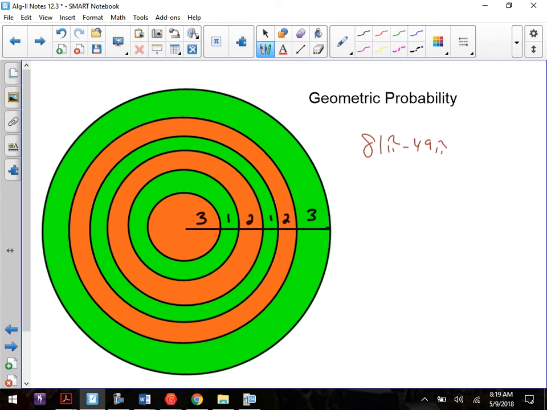So that one is 32 pi. And then this was 6, so it'll be 36 subtract 16.